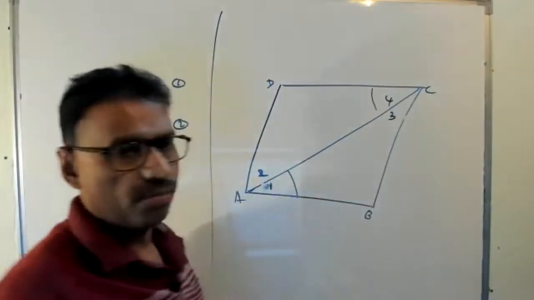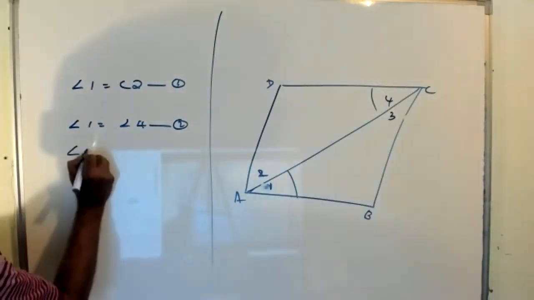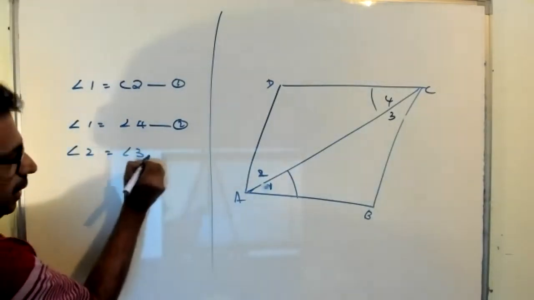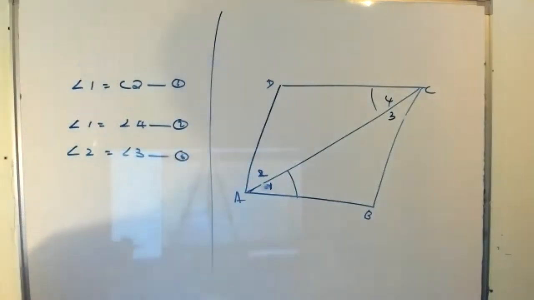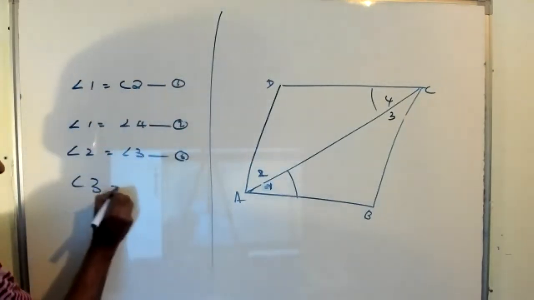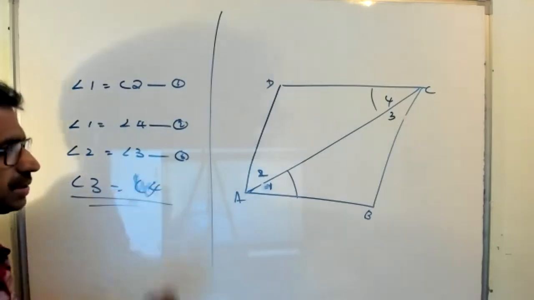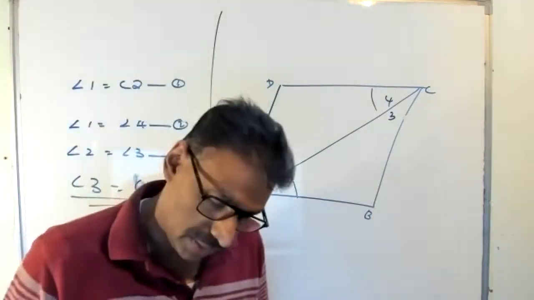What is the reason? Alternate interior angles. Angle 2 equal to angle 3, alternate interior angles, right? From 1, 2, 3, because 1 and 2 are equal, angle 3 equal to angle 4. That means AC bisects angle C also.